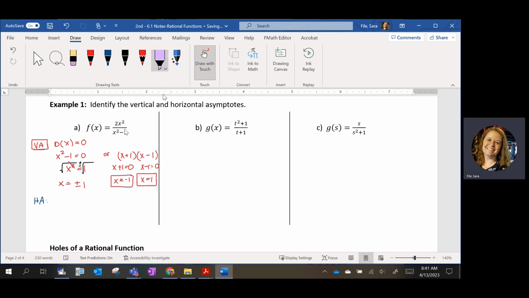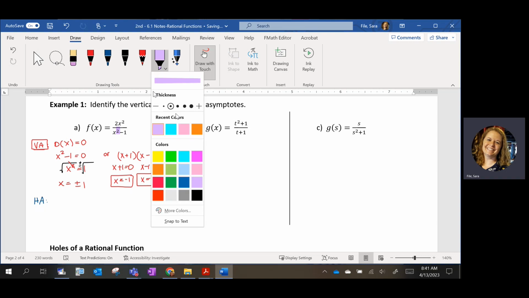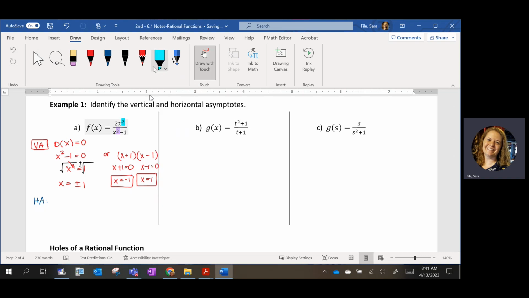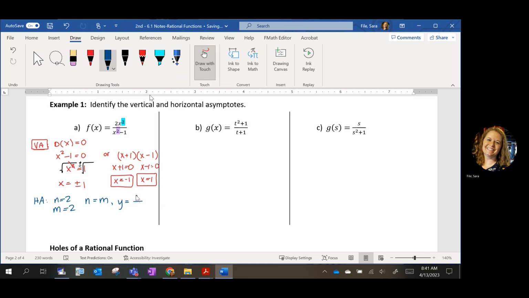So we said degree of the denominator and the degree of the numerator. So in this case, n is 2 and m is 2. So when I compare them, it's an equal sign, isn't it? N is equal to m. So what do we do in that case? When n is equal to m, we have to look at the ratio of a to b, right?